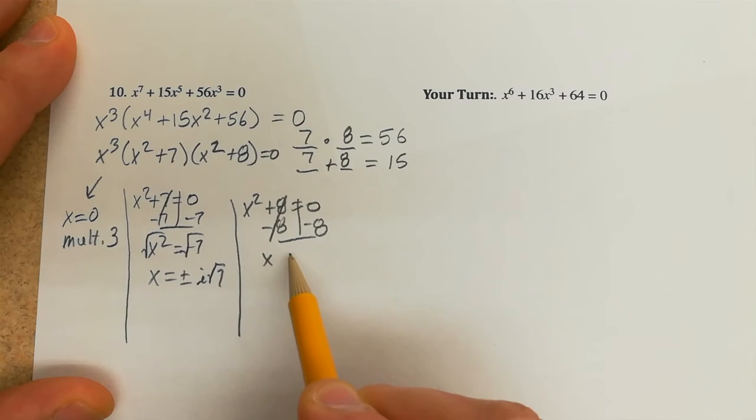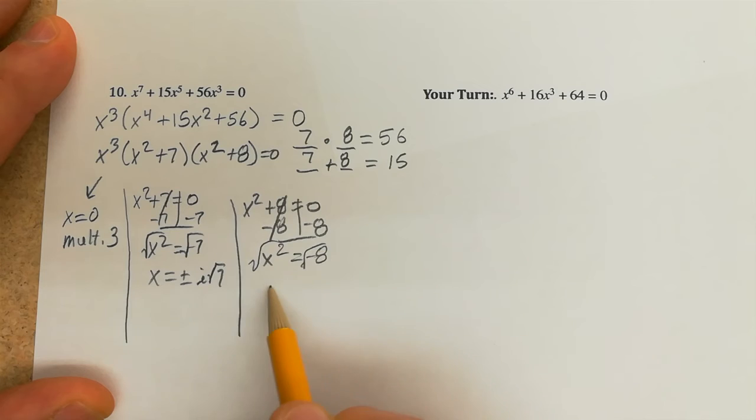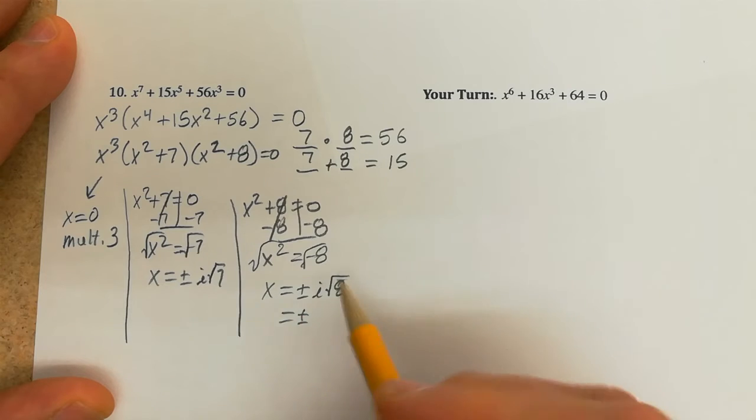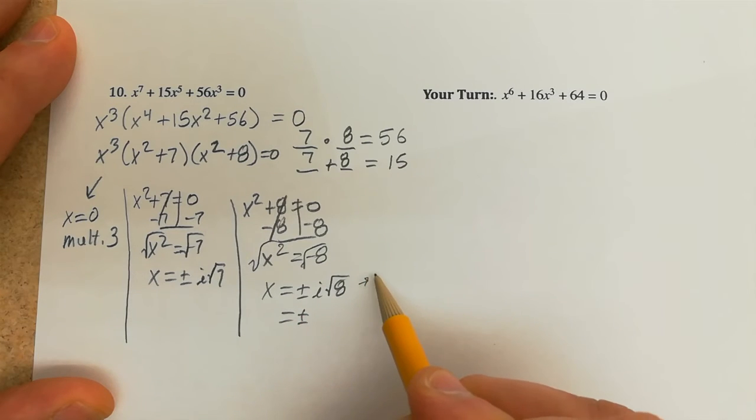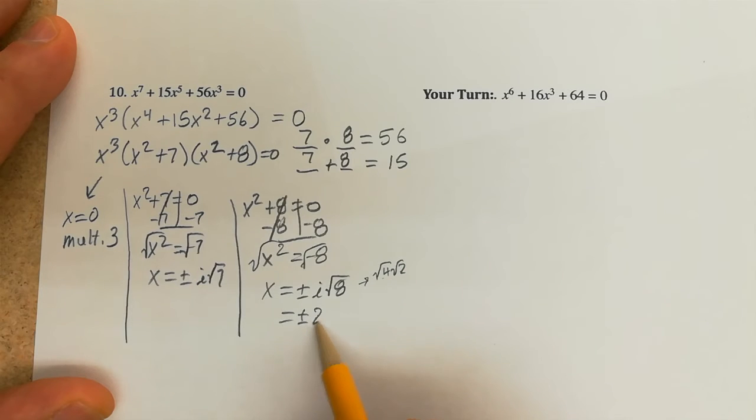We get x squared equals negative 8. Square root, x equals positive or negative i root 8. Square root of 8 can break down to the square root of 4 times the square root of 2. So that's going to be 2 root 2. So we'll have positive or negative 2i times the square root of 2.